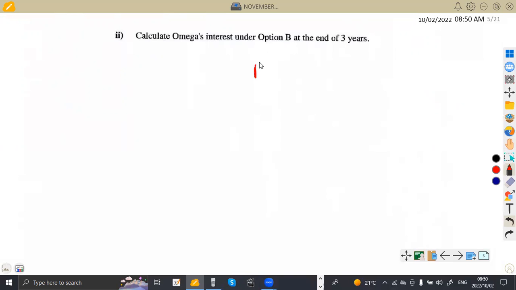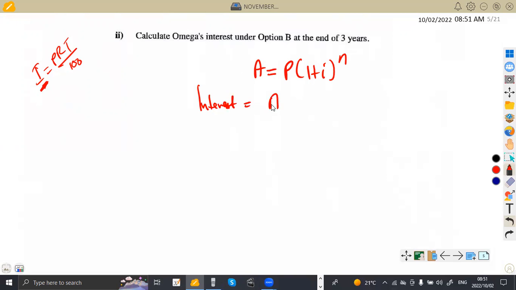The formula gives you the total amount after investment, which is P into 1 plus i to the exponent of n. It doesn't give you the interest. The simple interest formula, PRT over 100, gives you the interest directly, but here you do not get the interest directly. So how do you find the interest? I told you that the interest is equivalent to the amount minus the principal.